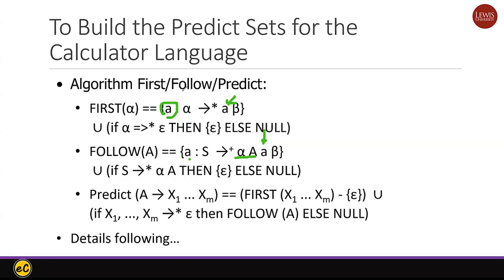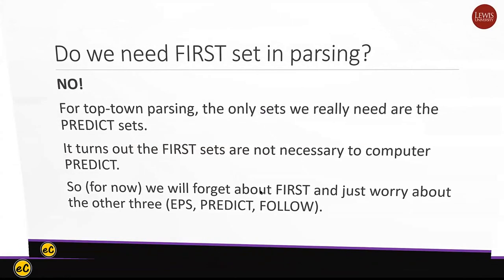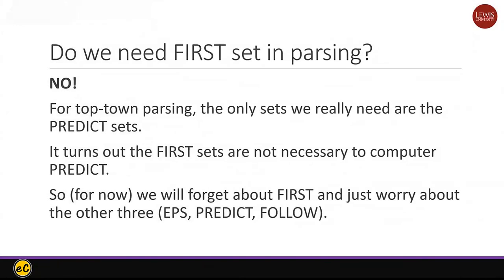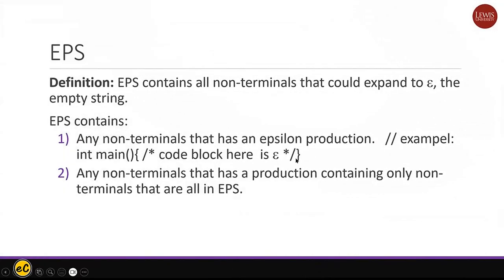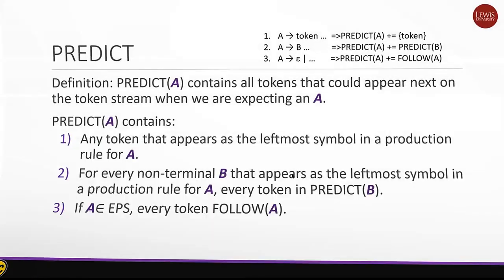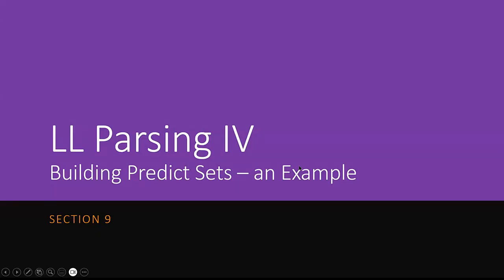That's called the follow set. And then predict set means what you will predict from the current rules. So you need to go and study how these different sets are built.